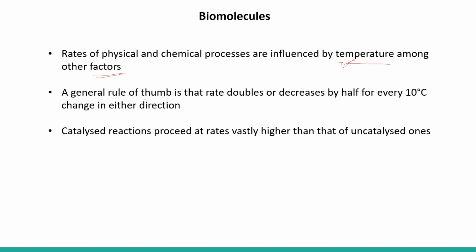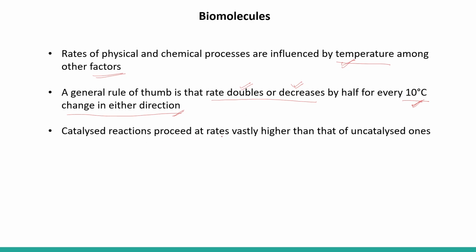The general rule of thumb is that the rate doubles or decreases by half for every 10 degrees centigrade change in either direction. So when you change the temperature of any reaction by 10 degrees centigrade, the reaction rate doubles or decreases, depending on whether you are increasing or decreasing the temperature.